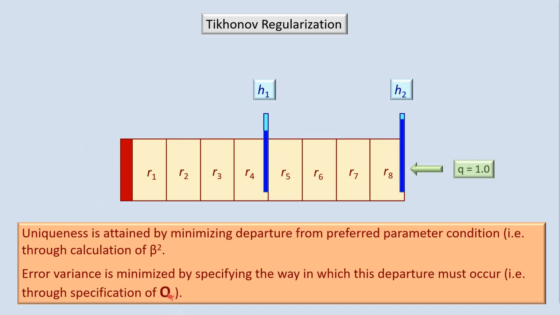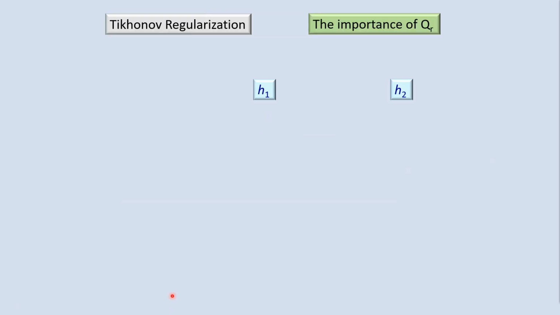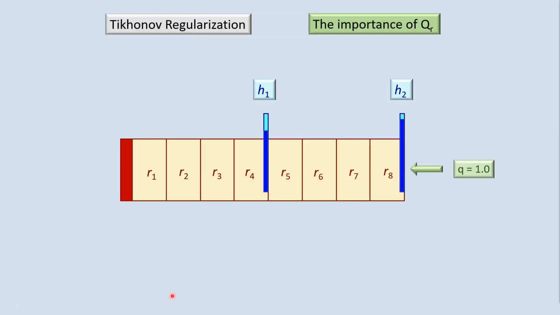Hence, the importance of this QR matrix. This is what determines the way in which we depart from the preferred conditions for parameters encapsulated in Tikhonov constraints. So let me show an example here. Here's the problem that we're using as an example.